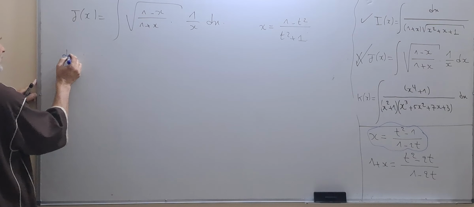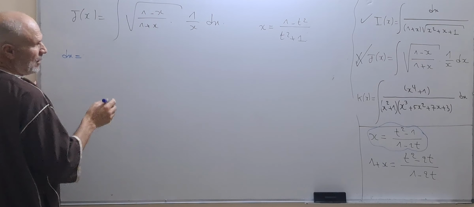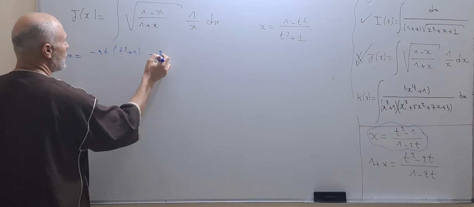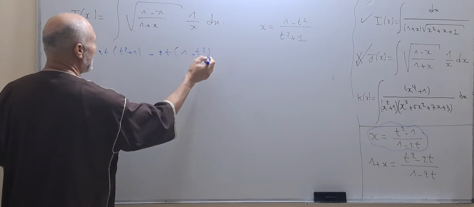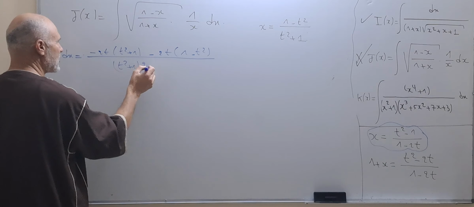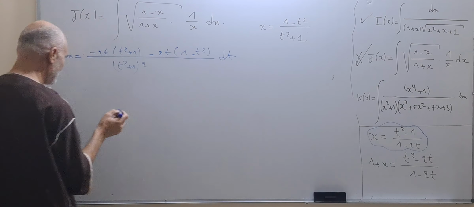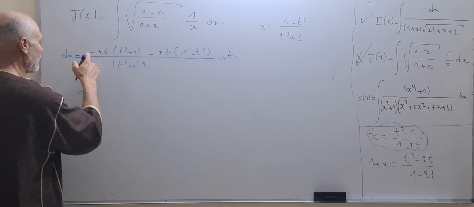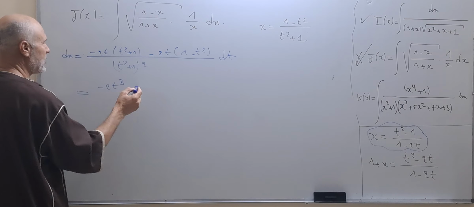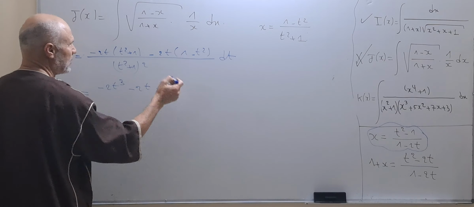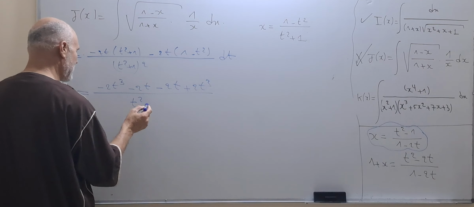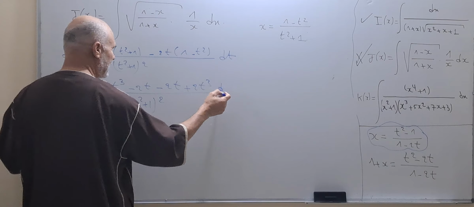From this formula, we get dx equal to (minus 2t times (t squared plus 1) minus 2t times (1 minus t squared)) over (t squared plus 1) squared dt, which is equal to (minus 2t minus 2t cubed minus 2t plus 2t cubed) over (t squared plus 1) squared dt.